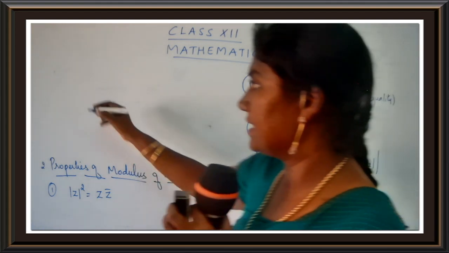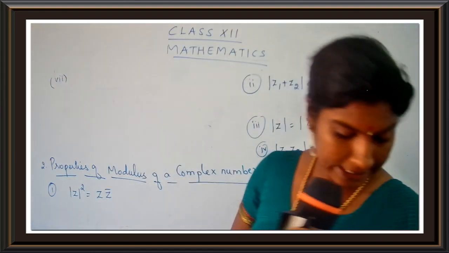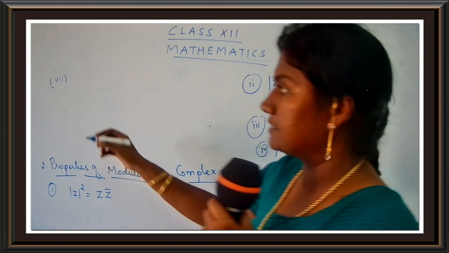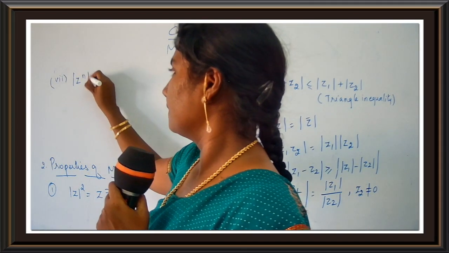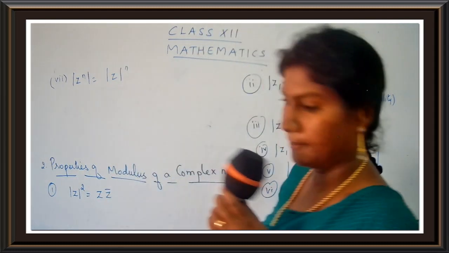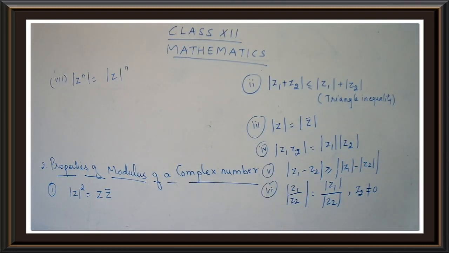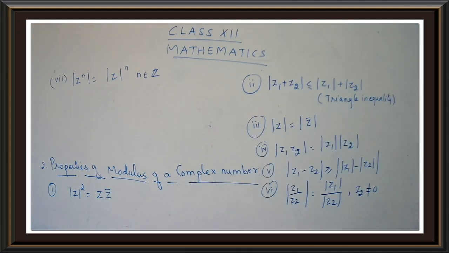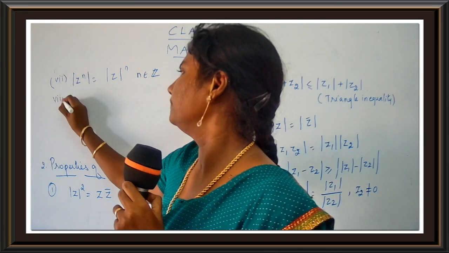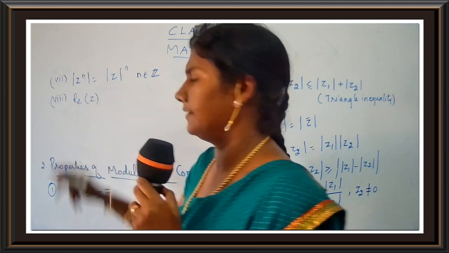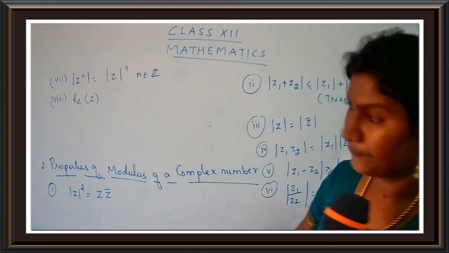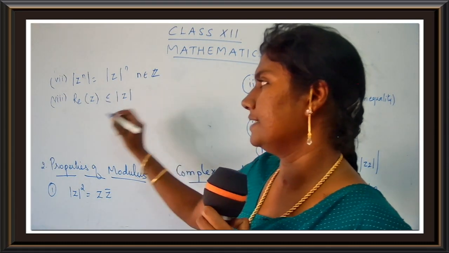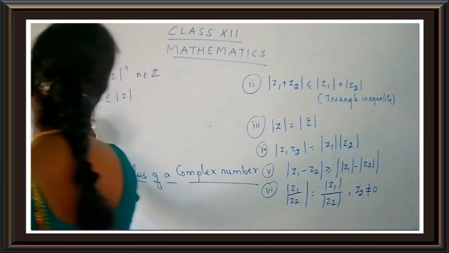Modulus z raised to n is equal to mod z the whole raised to n, where n is an integer. Next, the 8th one: real part of z is less than or equal to modulus z, and the last one, imaginary part of z is less than or equal to mod z.